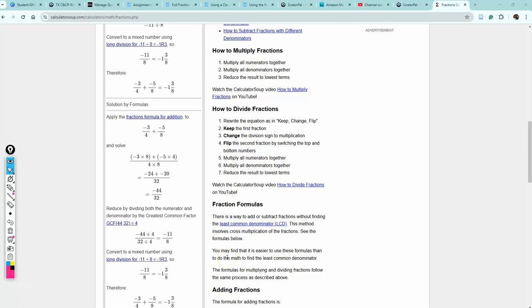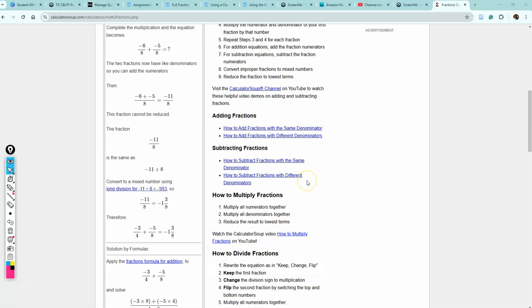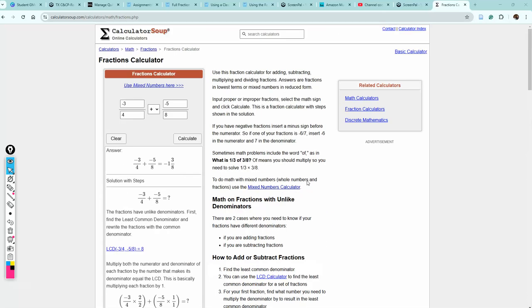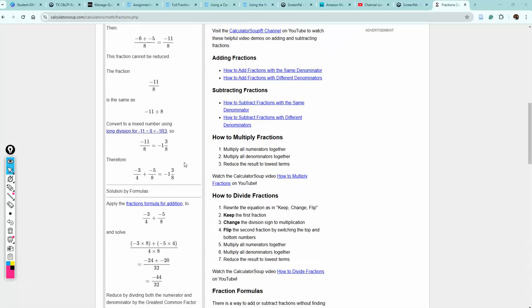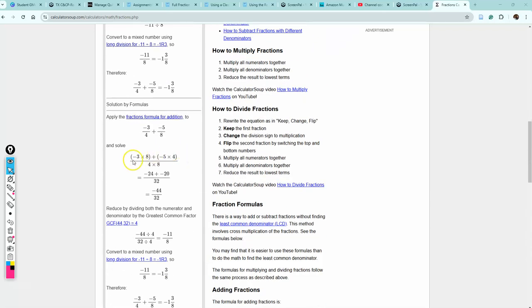Okay, so when I was looking at the next methods, I was a little confused by how those were written. So I just went ahead and looked up a fractions calculator to remind myself how that is done. So here's one for addition. Here's my fraction, negative 3 over 4 and negative 5 over 8.